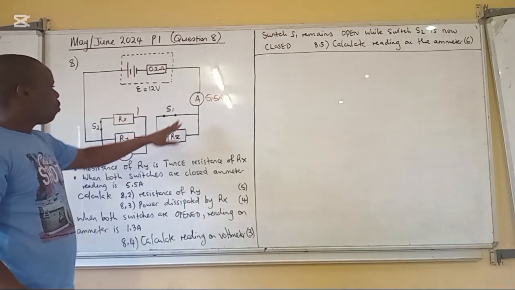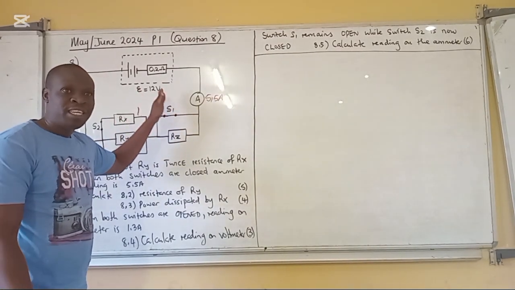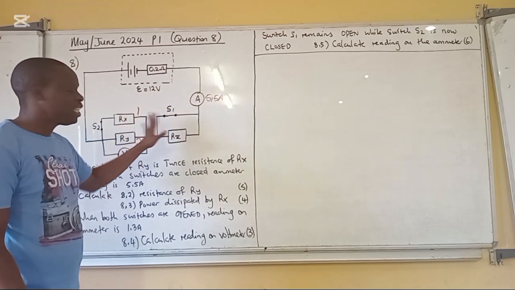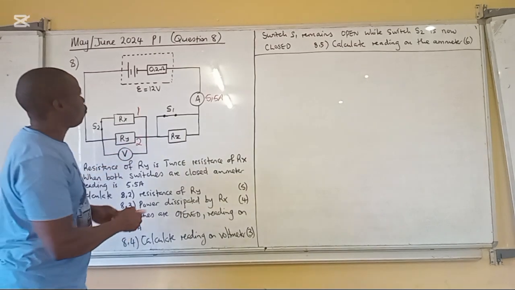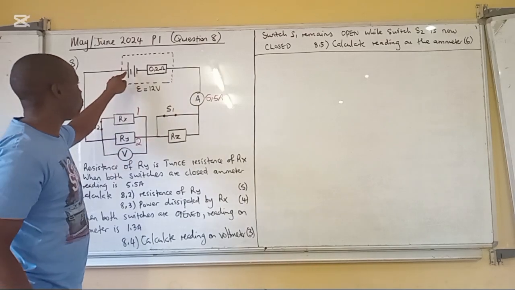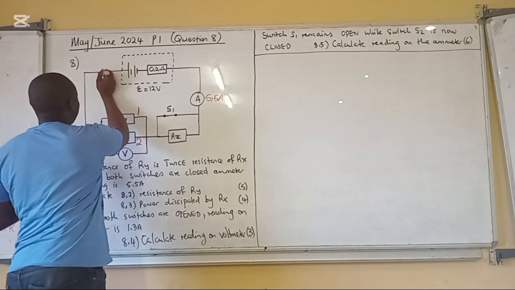So when both switches are closed, let us trace the flow of current. You have to know which resistors are having current flowing through them. Current flows from the positive terminal. So my arrow is going to start from here.